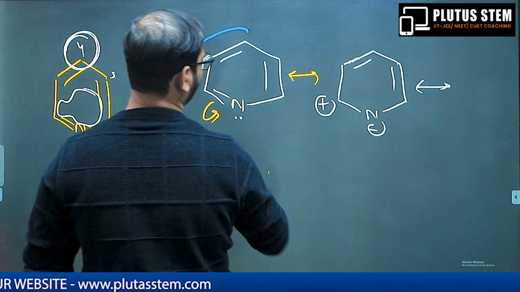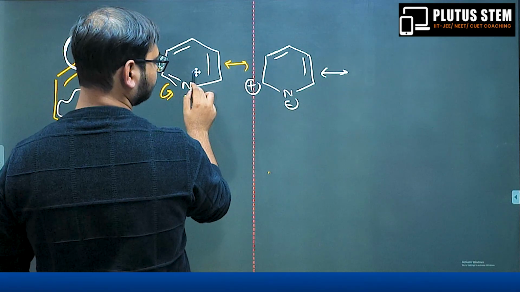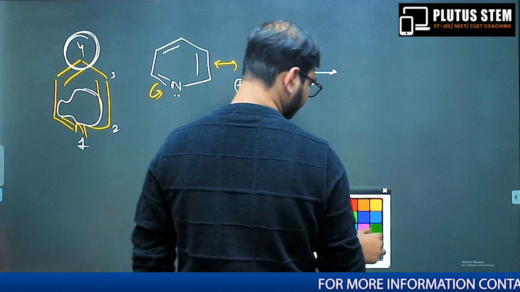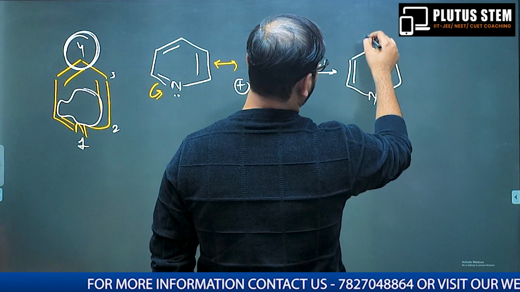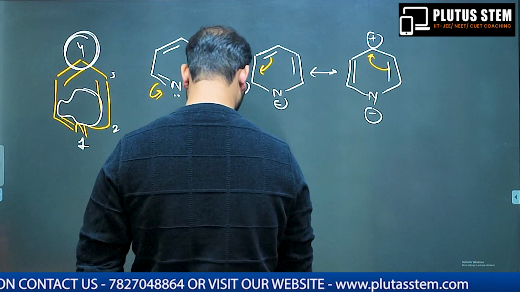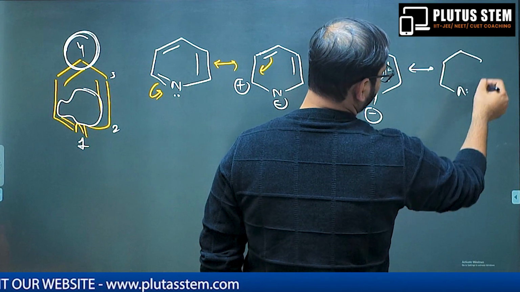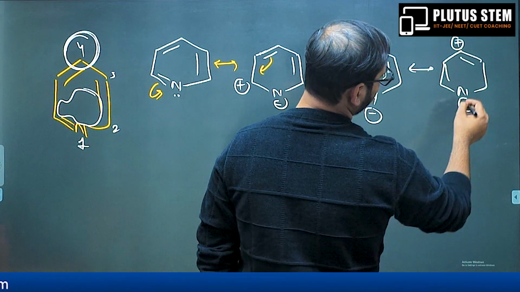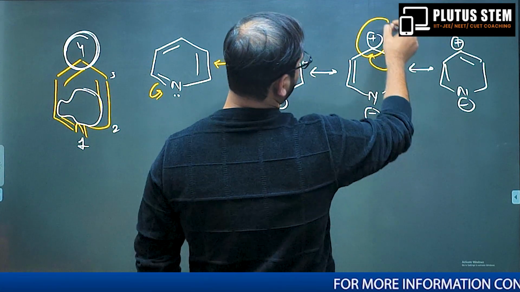Then moving on further, this pi bond will move to stabilize the carbocation and delocalization of the positive charge will take place. So these are the resonating structures that we will get for our pyridine. Now, anyone looking at it will think that position number 4 is most ideal.